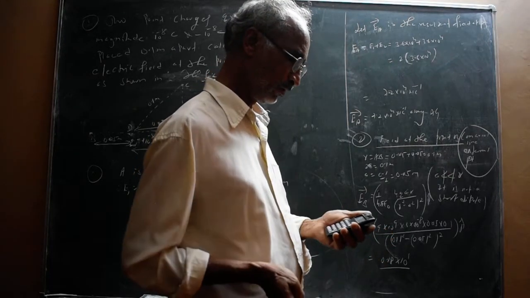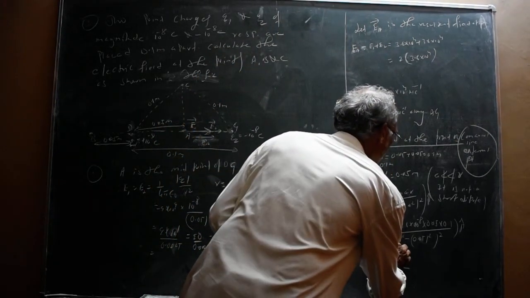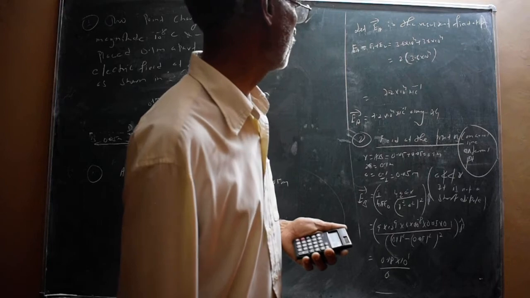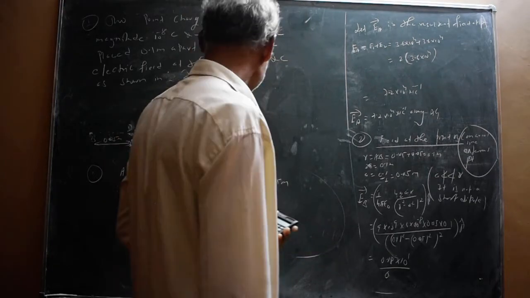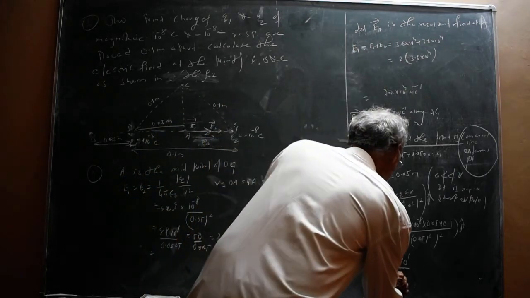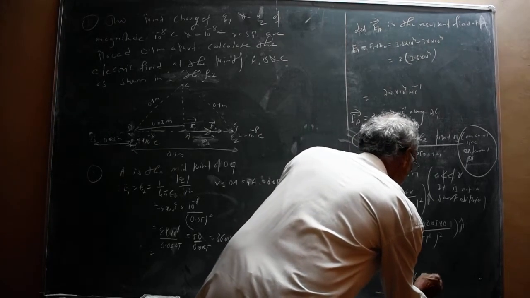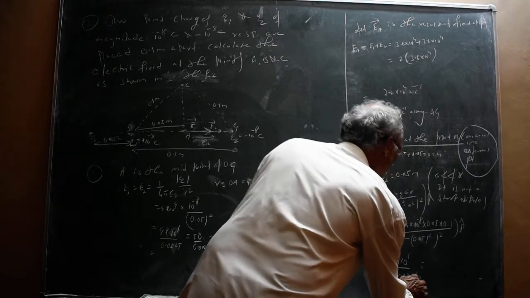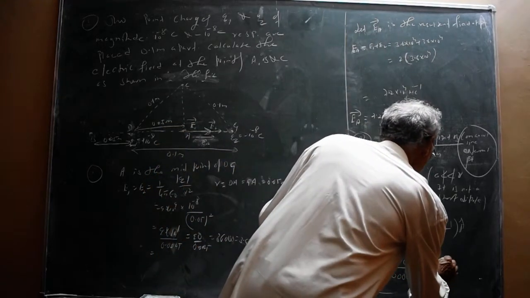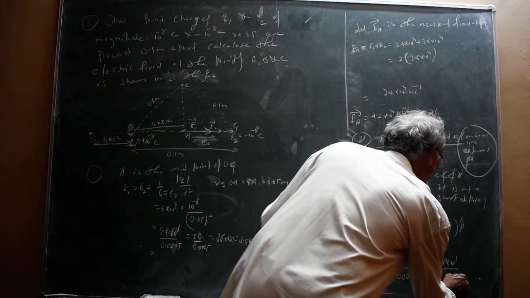Let me work it out in the calculator. 0.1 square is 0.01, 0.05 whole square is 0.0025. Minus is taken, then the whole square is taken, R square minus A square the whole square. Yes, it is. The square is 0.000056, so let us shift the point 4 places to the right.